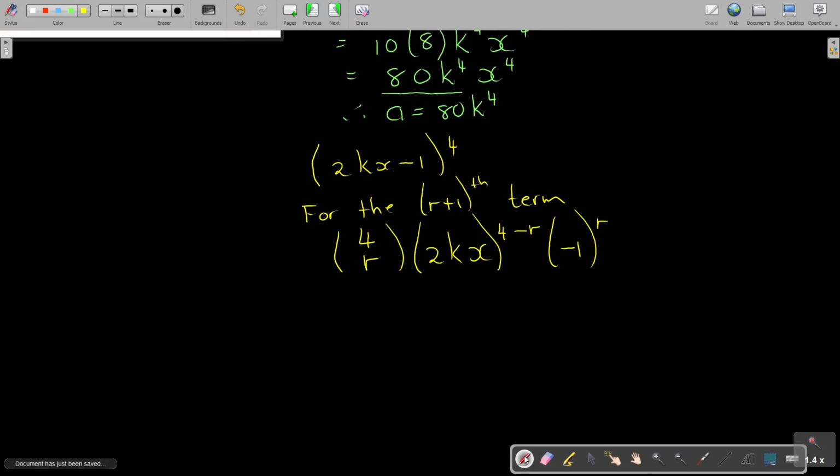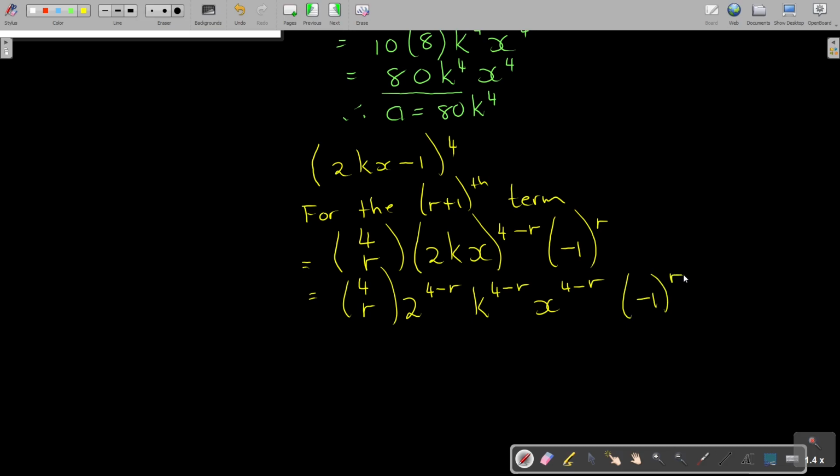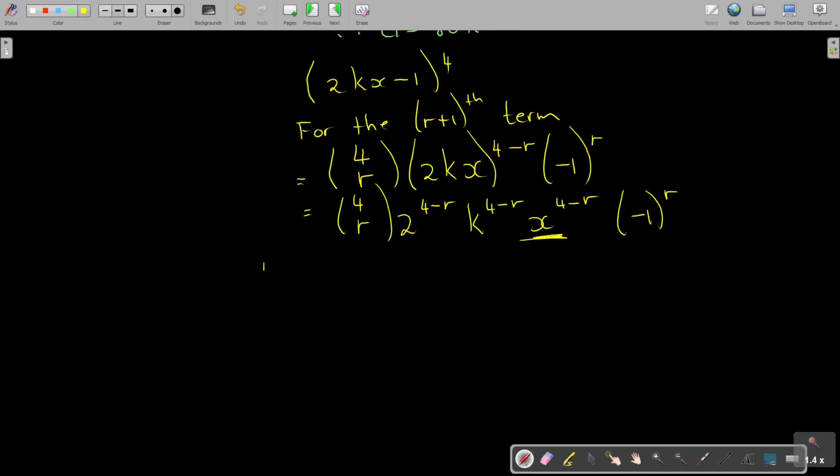Okay, and then I simplify, and I'm going to get 4Cr, and then it's 2 to the 4 minus r, k to the 4 minus r, x to the 4 minus r, and then negative 1 to the power r. Okay, actually I'm just looking for this one. So if I see basically that there are just one, I can just work with that. So I say for the term x2, we equate.